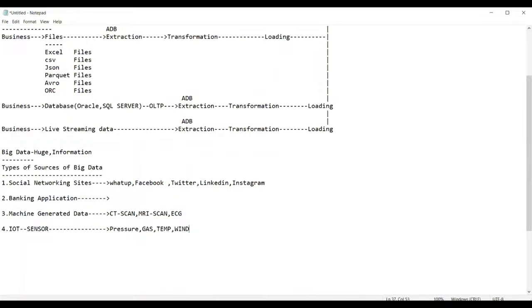These sensors are connected to the required computers. So this computer generates the data, and the data will be recorded here and further processed or transferred to us. From the files we received, we extract it, we transform it, and we load it. Ultimately it will go like this.